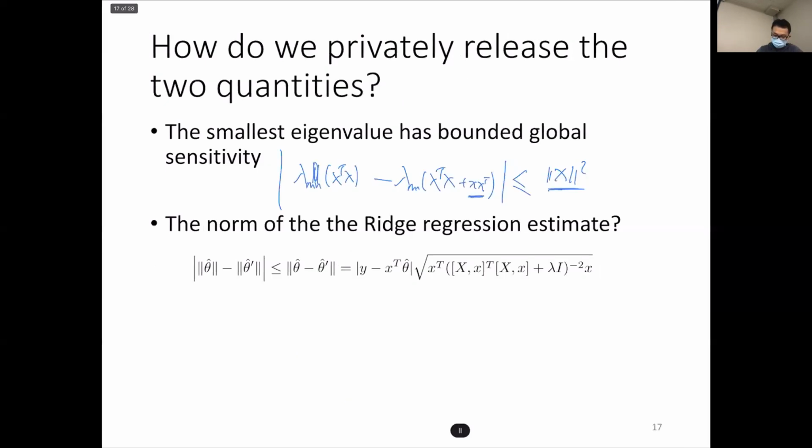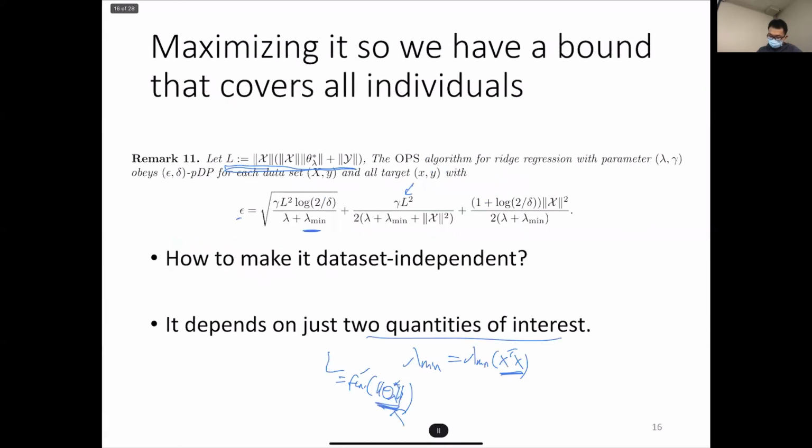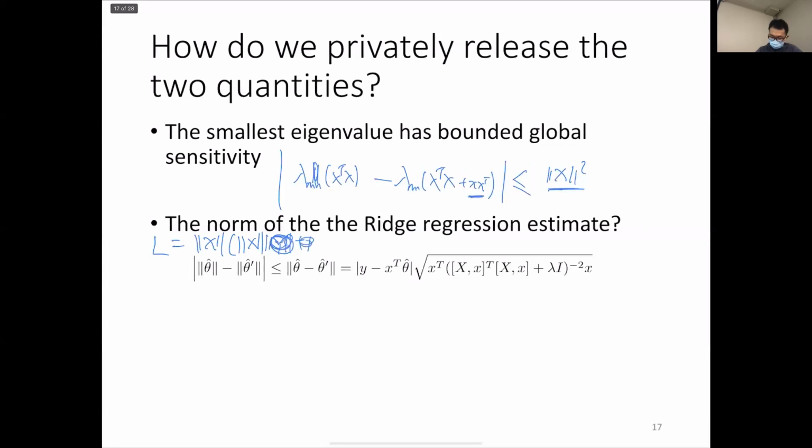So let me write this down. This L is a quantity that is bounded by the magnitude of the data space multiplied with theta hat plus the label space, right?